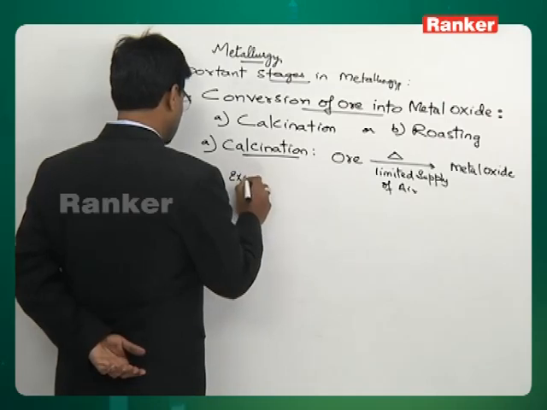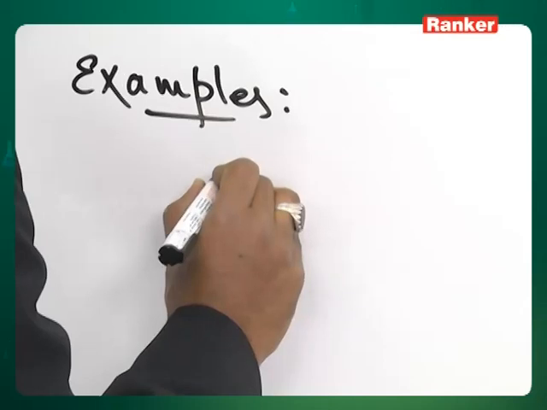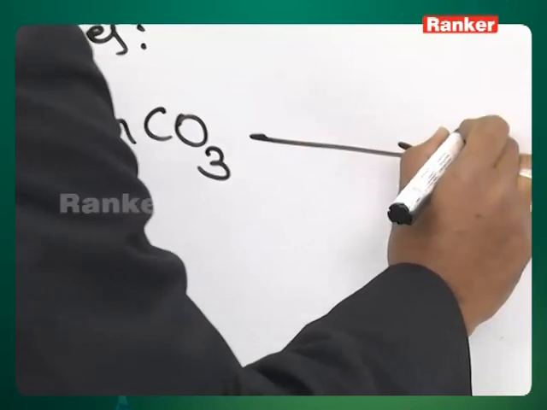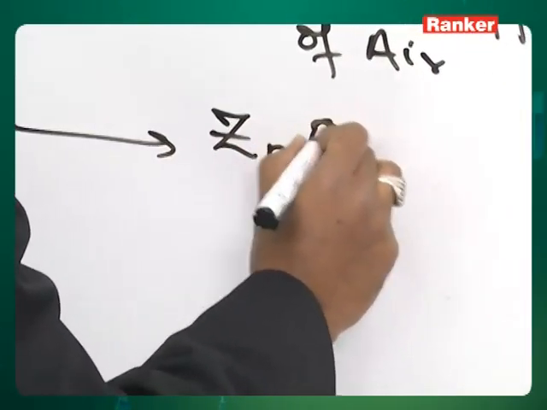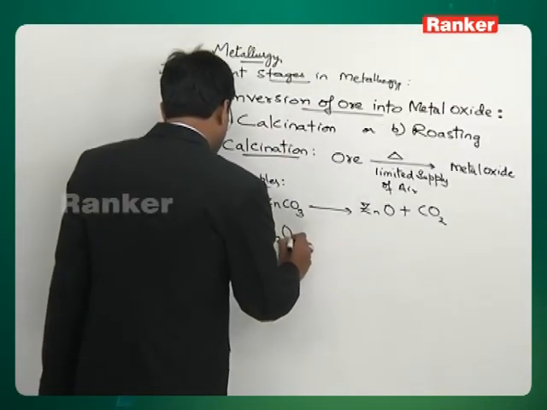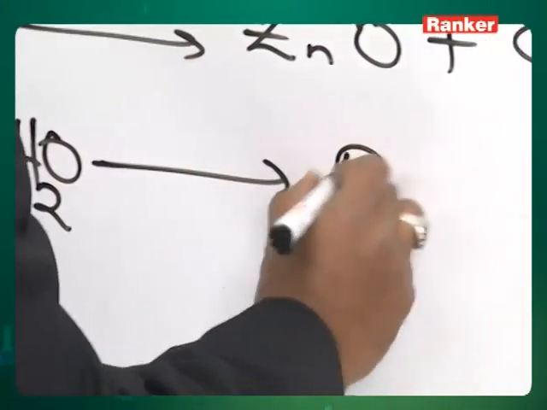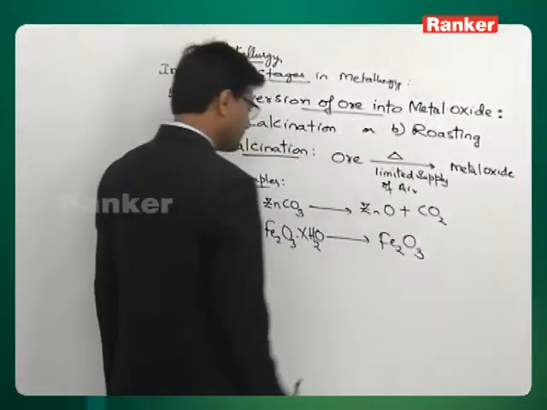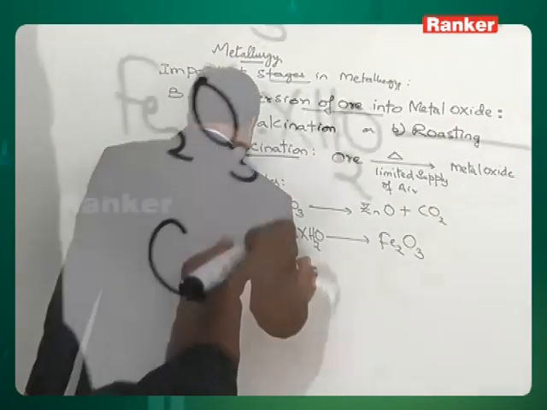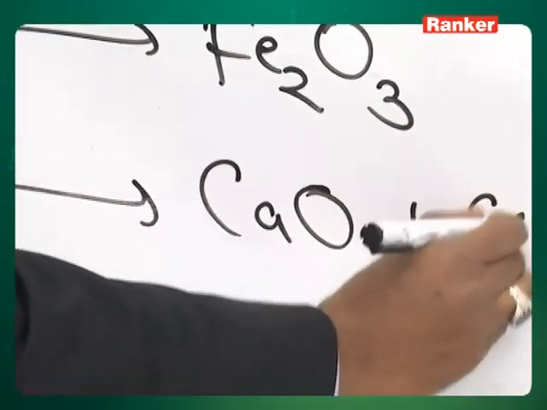Examples: calamine is transformed into zinc oxide and carbon dioxide. Fe2O3.xH2O is transformed into Fe2O3. I told you moisture content is removed. And then CaCO3 is transformed into CaO and CO2.